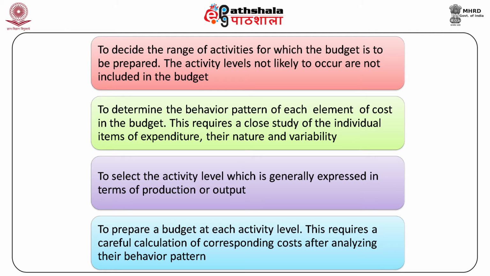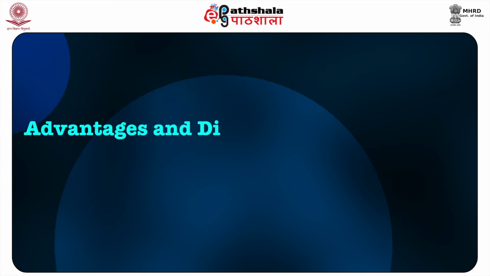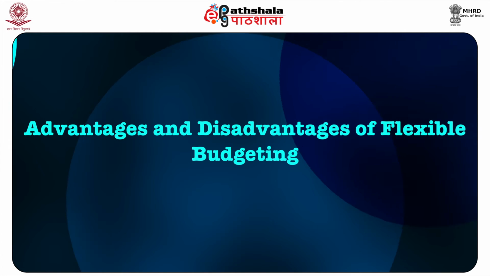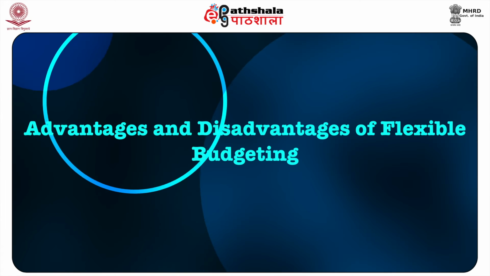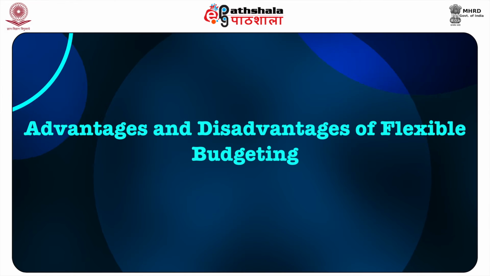Third, select the activity level, which is generally expressed in terms of production or output. Fourth, prepare a budget at each activity level. This requires a careful calculation of corresponding cost after analyzing their behavior pattern. Moving further, let us discuss the advantages and disadvantages of flexible budgeting.